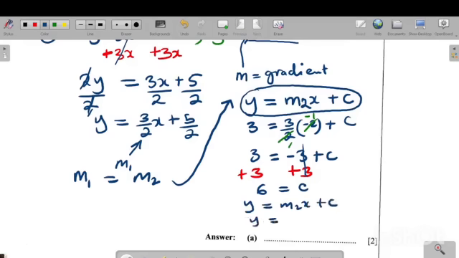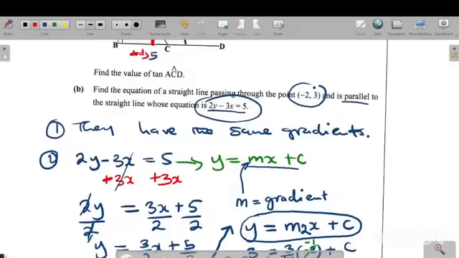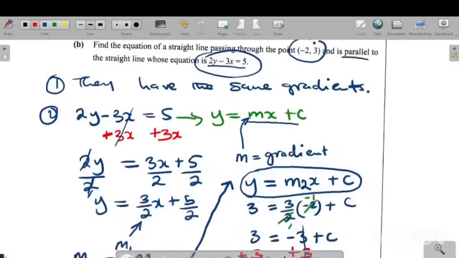So y will be equal to, the gradient is this same one here, 3/2 x plus the y-intercept, which is 6. So this is the line that is parallel to the line of this equation.